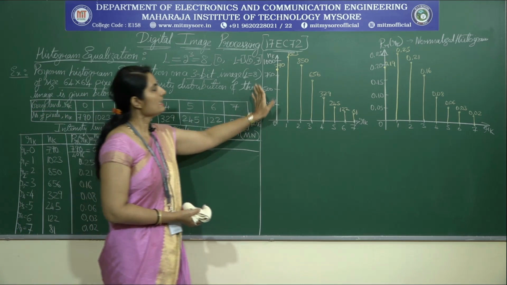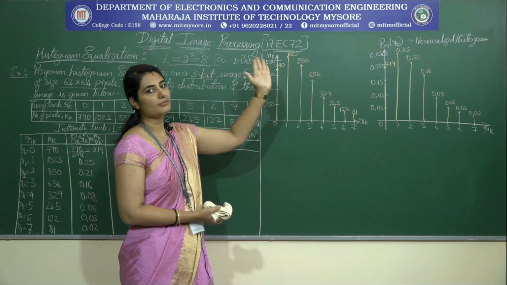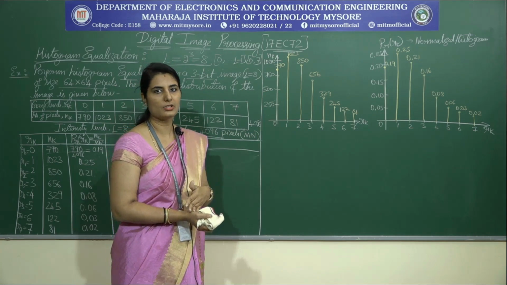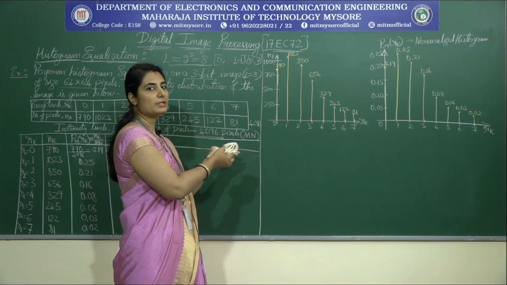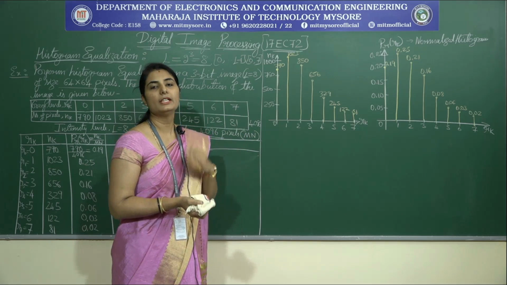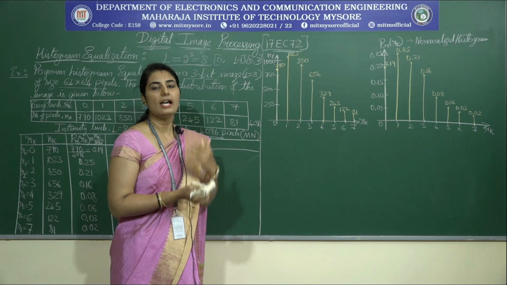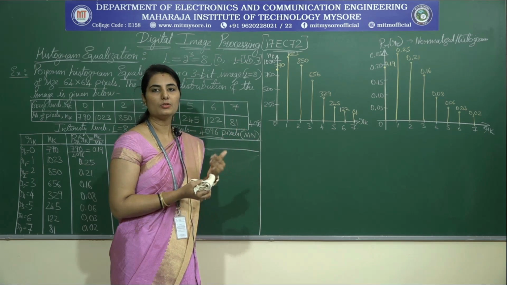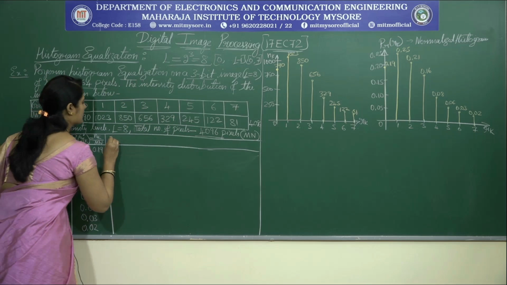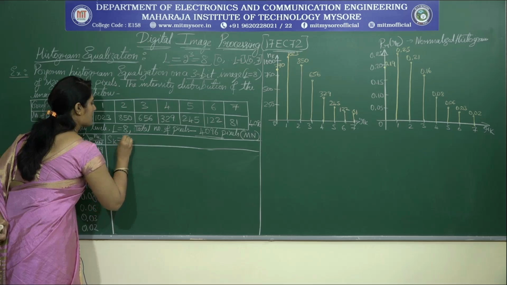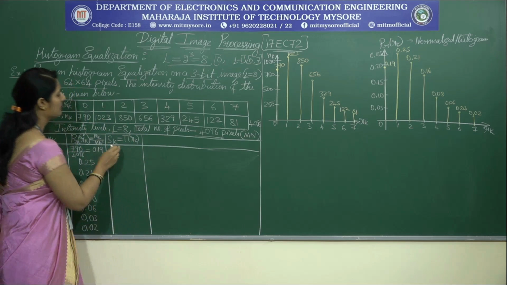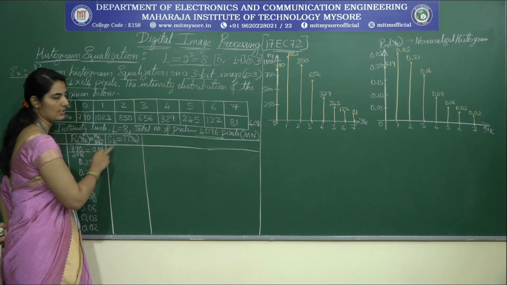These intensity values should be converted into new intensity values in order to produce the histogram equalized image. To transform the intensity levels to new intensity levels, we use transformation functions, and for discrete intensity values the transformation function is sk, which is equal to T of rk. I have discussed this in my previous session.